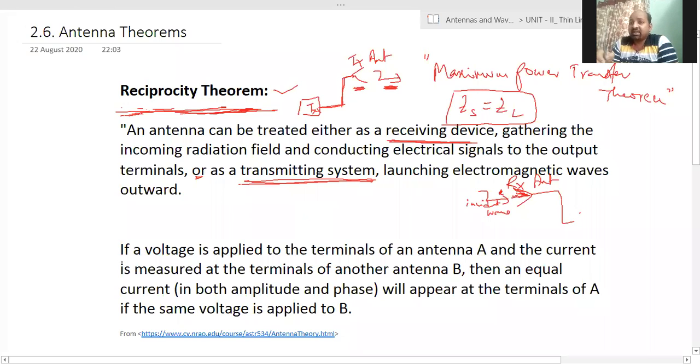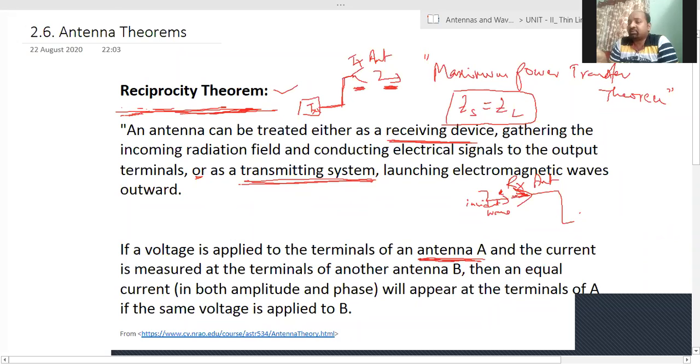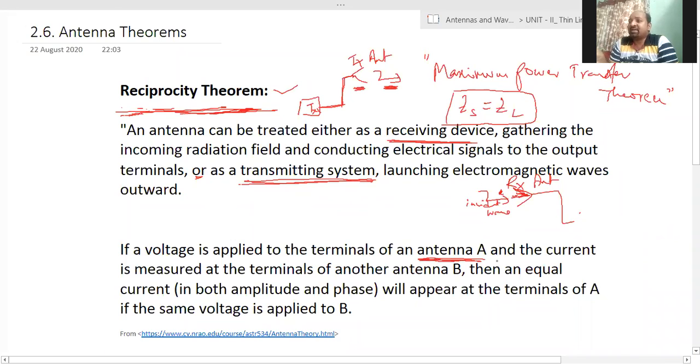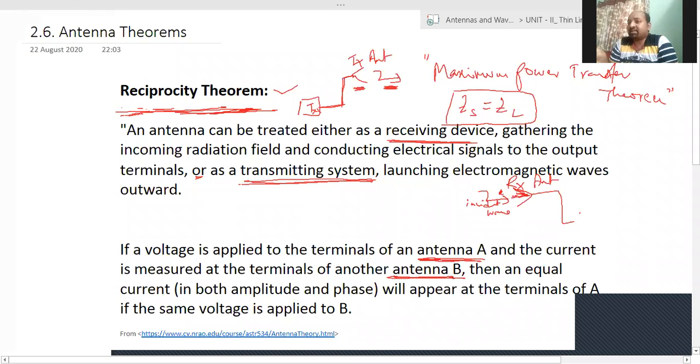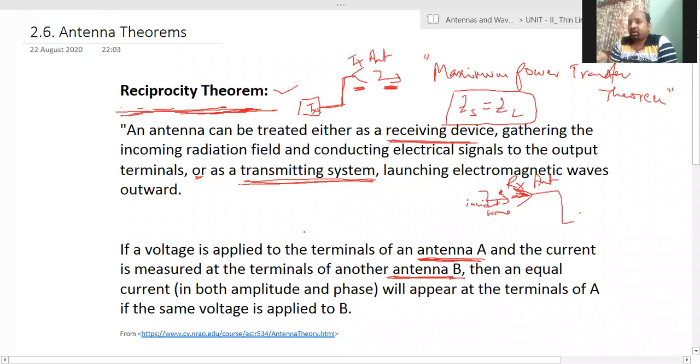If a voltage is applied to the terminals of antenna A, let us say the transmitting antenna is A and the receiving antenna is B, and the current is measured at the terminals of another antenna B, then an equal current will be obtained at the terminals of A if the same voltage is applied to B.